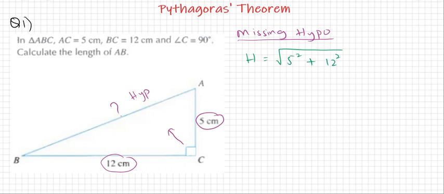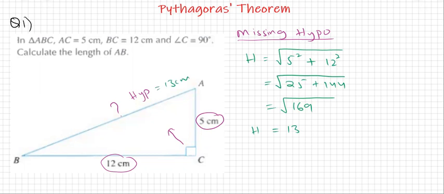You plus them, and you solve this further to find out the hypotenuse. 5 fives are 25 plus 144. So 25 plus 144 becomes 169, and the square root of 169 is 13. So hypotenuse over here is 13 centimeter.